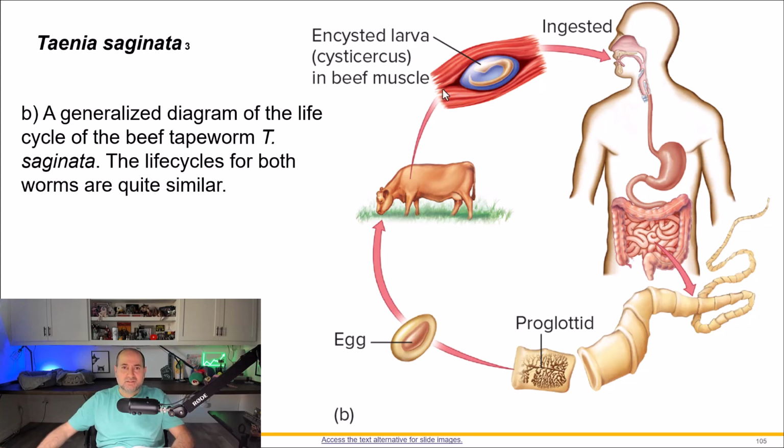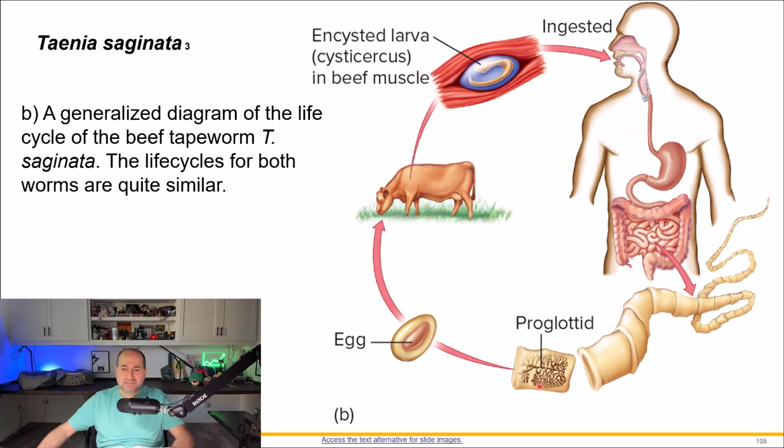Again, you ingest the encysted larvae. Those cysts break open in the stomach acids. The stomach acids help release the larvae. The larvae then stick to the intestinal lining with their scolex head, either with their hooks or the suckers, or both. And then it forms into the mature adult worm.